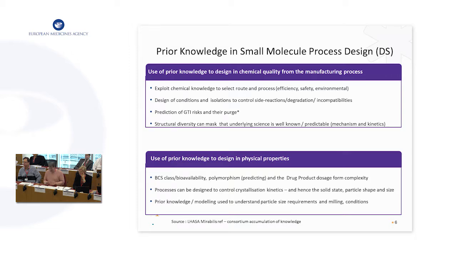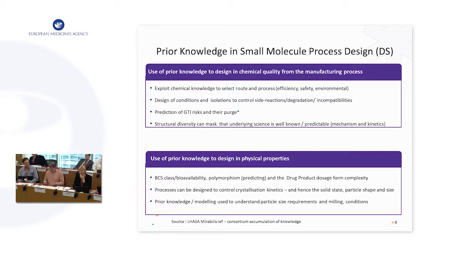Drug substance: diverse, lots of different drug substances. Therefore, of course, no prior knowledge can be applicable, right? No, it's not like that. If you think about design being knowing how to achieve what you need to achieve, then in fact drug substance is always designed to do that. There's a massive amount of almost taken for granted ability of the industry to make drug substances of huge complexity and diversity because of the fundamentals of chemistry and chemical engineering.